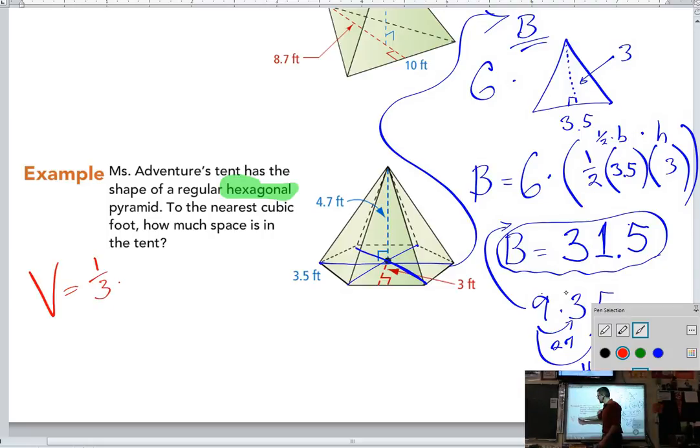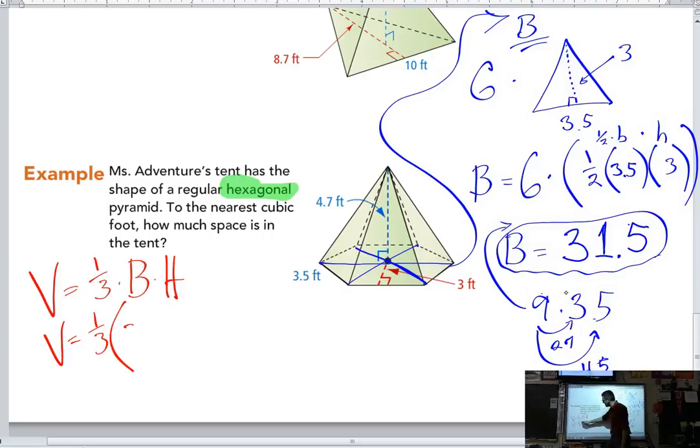Volume is 1/3 times that big B times the total height of the pyramid. Plug it all in. All we gotta do is plug and calculate. So we have 31.5, and that vertical height, 4.7.